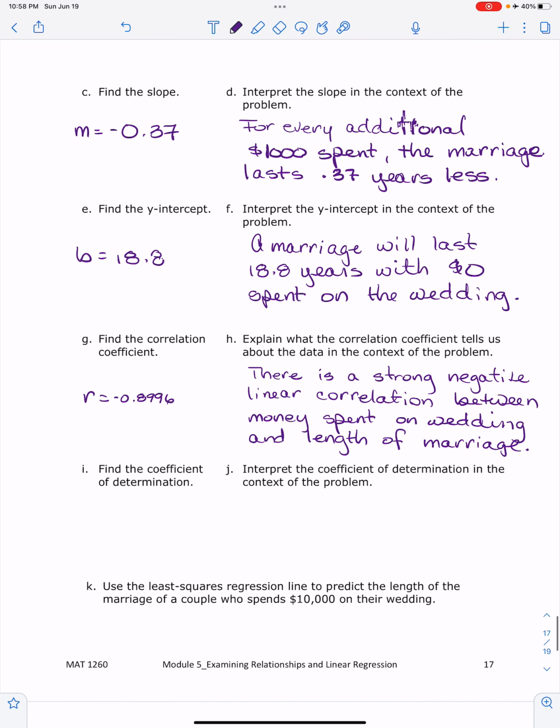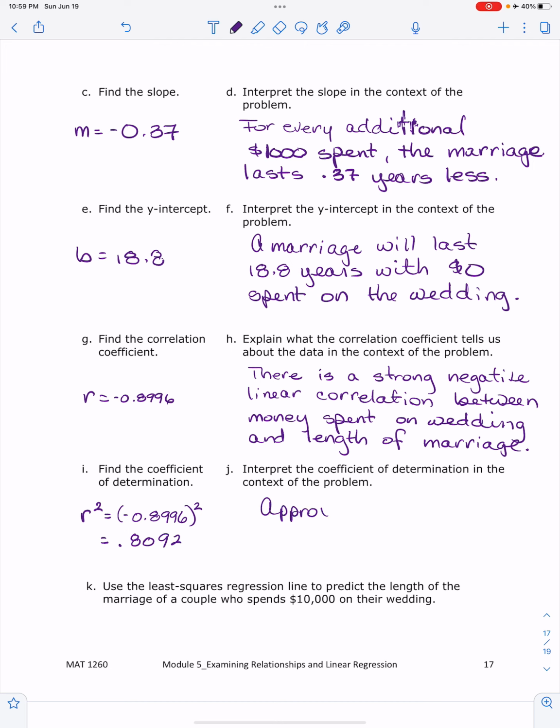Our coefficient of determination is r squared. So we're taking this negative 0.8996 and squaring it. We get 0.8092.